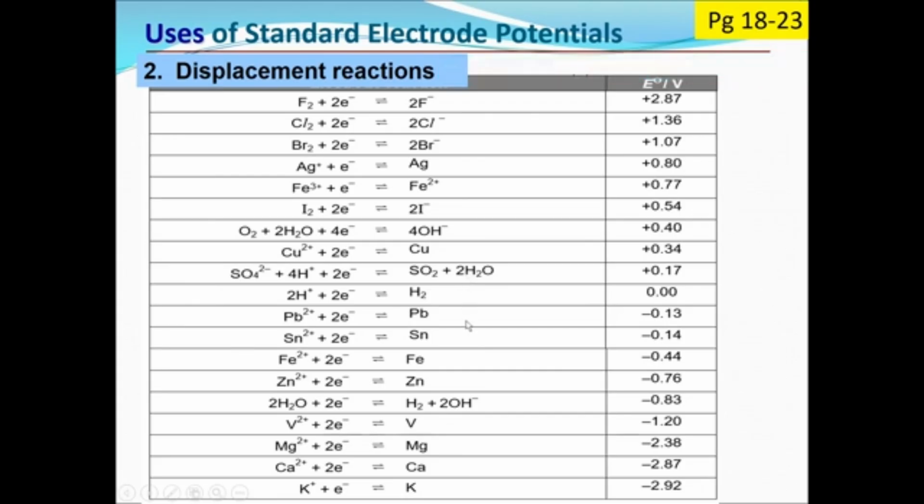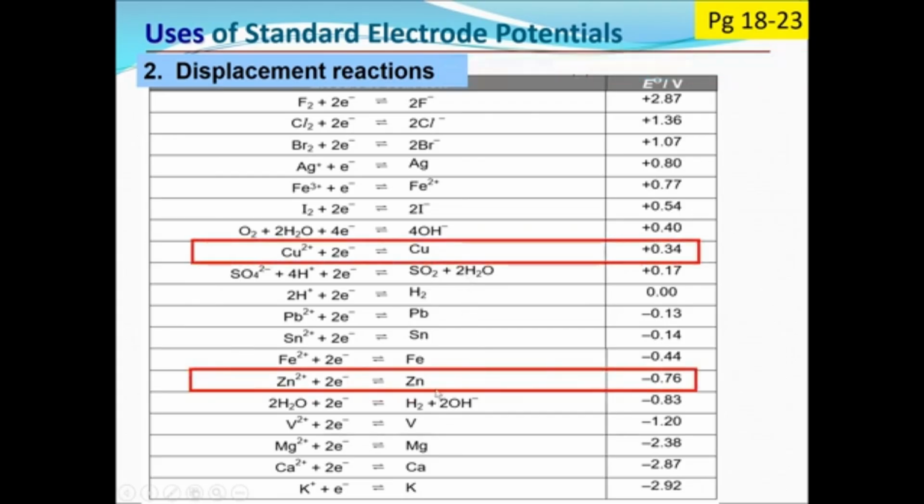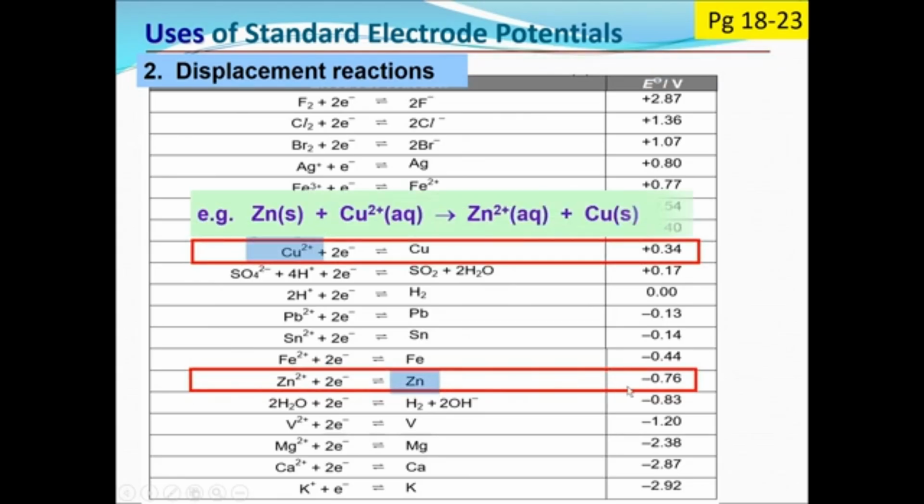Firstly, we look at copper and zinc here. Indeed, zinc has the more negative value, so it will be oxidized while at the same time reducing copper 2 plus. Therefore, this displacement reaction can occur.